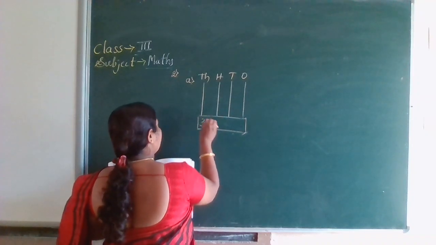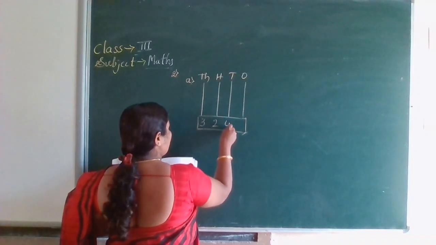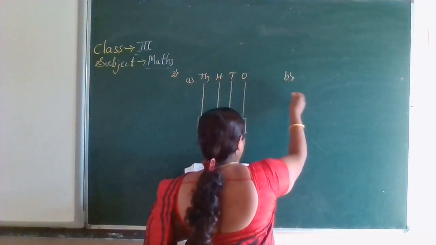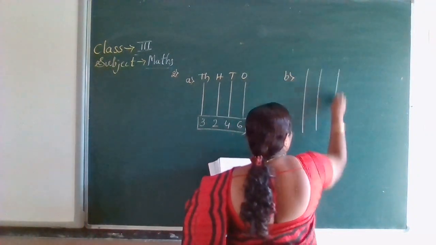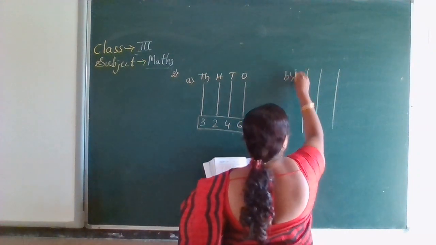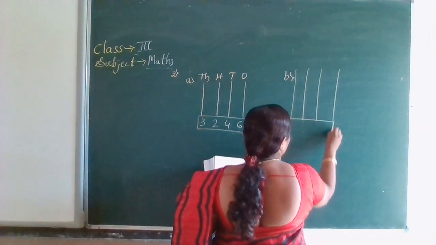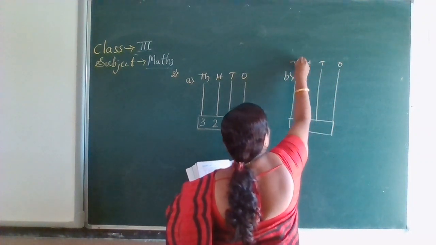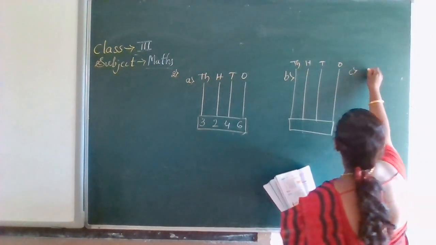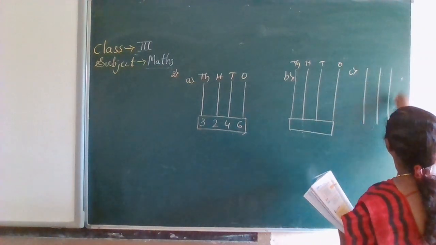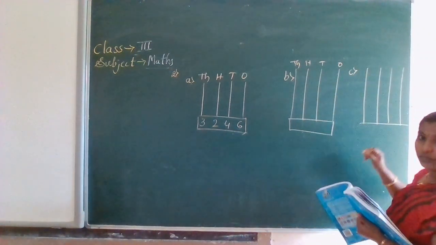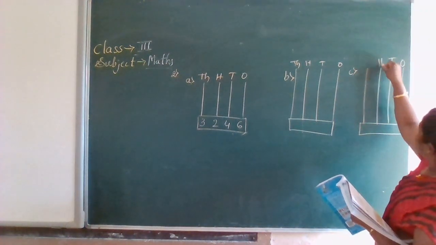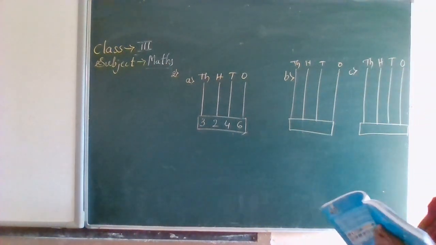They have given 3, 2, 4, 6. B, ones, tens, hundreds, and thousands. C, ones, tens, hundreds, thousands.